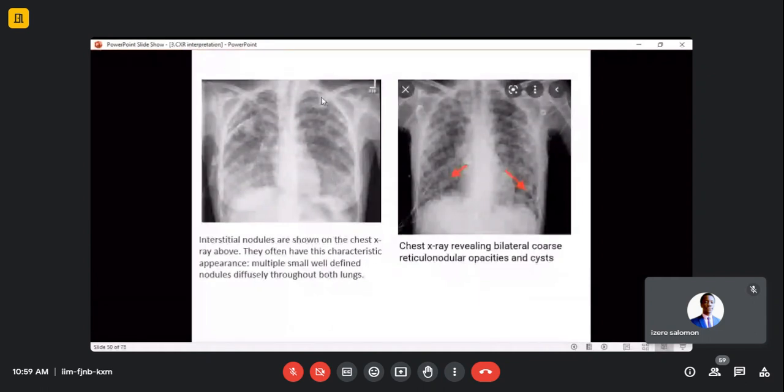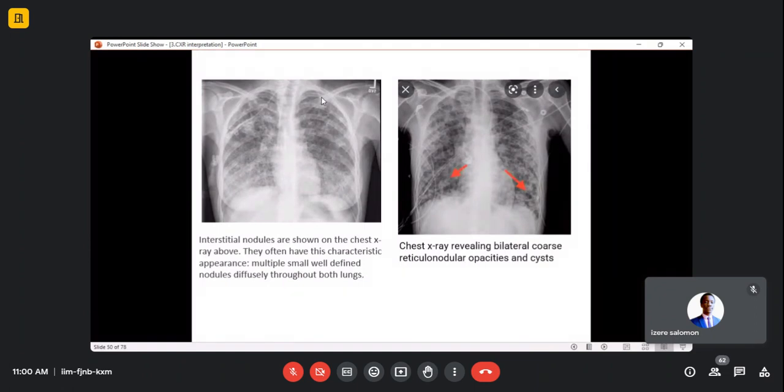I can't differentiate by seeing X-ray. I can differentiate consolidation, which is inside the alveoli, and opacity caused by interstitial, like a nodule, when it is in interstitium, and when it is in alveoli. By seeing X-ray, I can't differentiate.